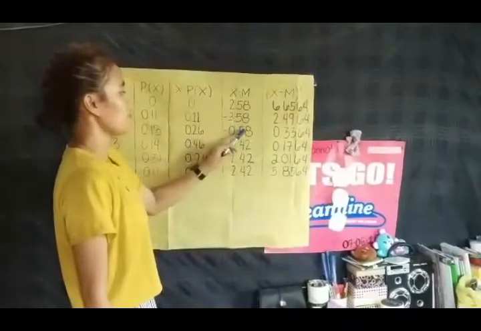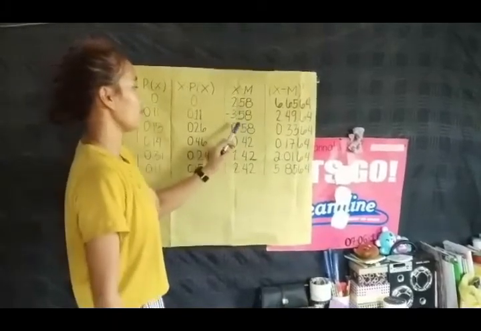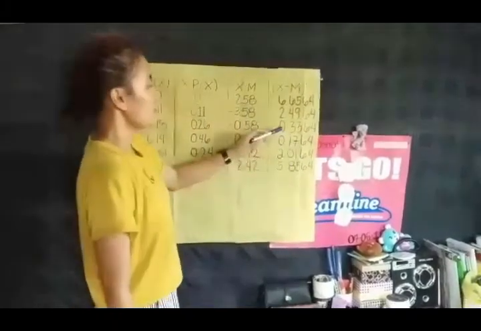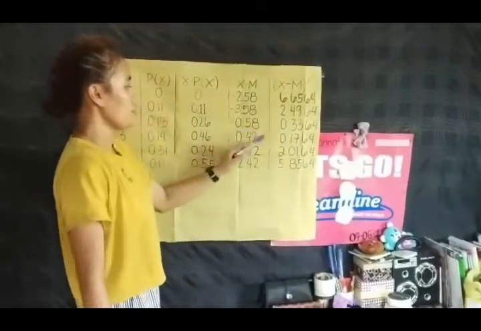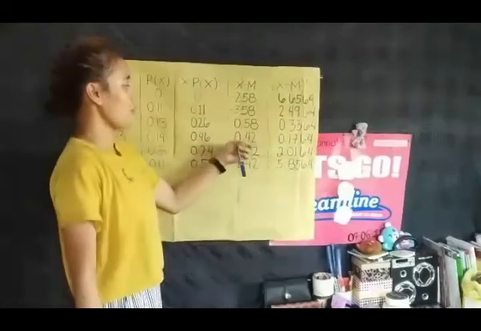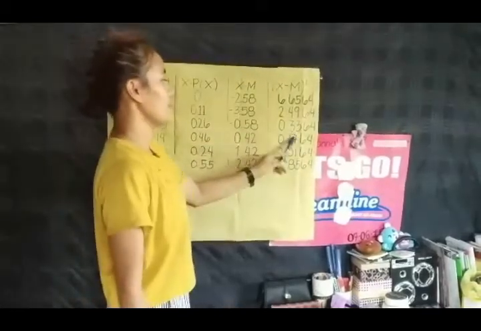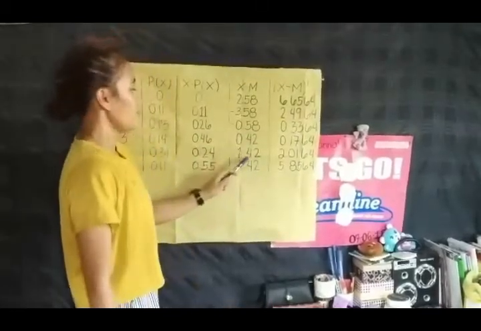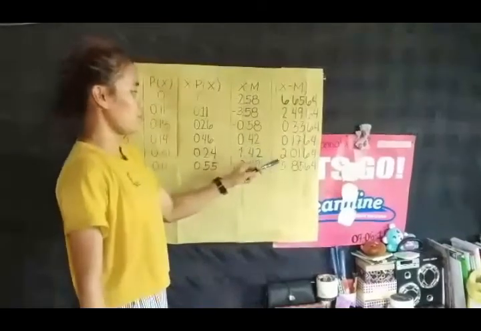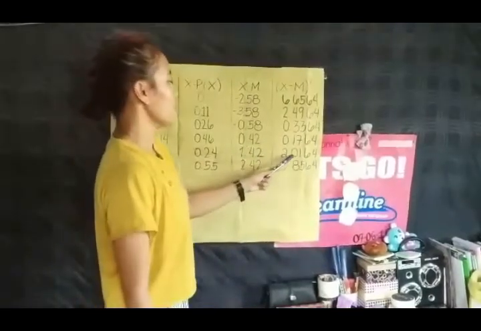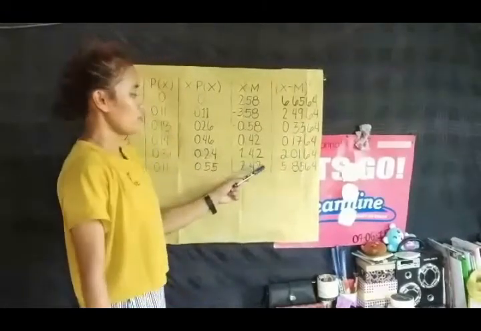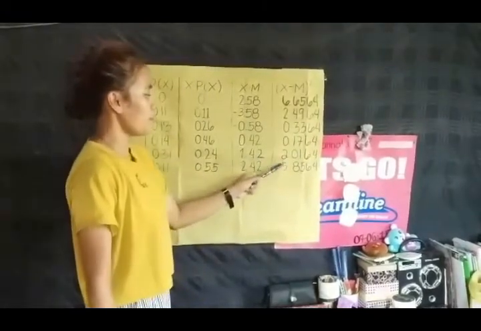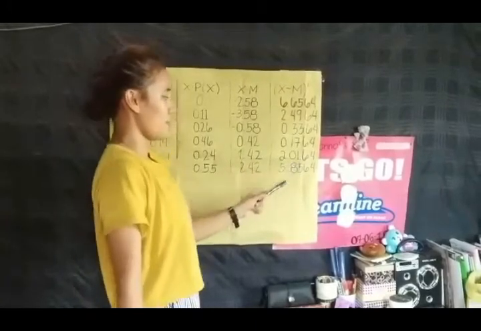Negative 0.58 times negative 0.58 equals 0.3364. 0.42 times 0.42 equals 0.1764. 1.42 times 1.42 equals 2.0164. 2.42 times 2.42 equals 5.8564.